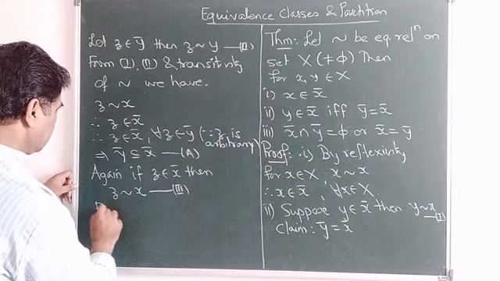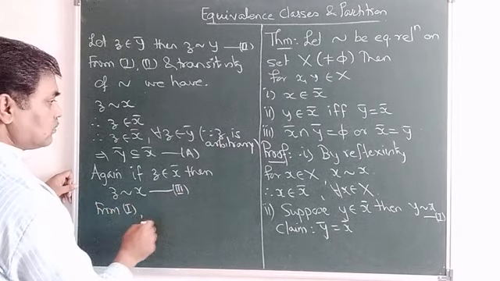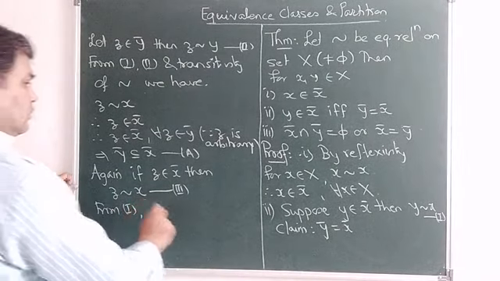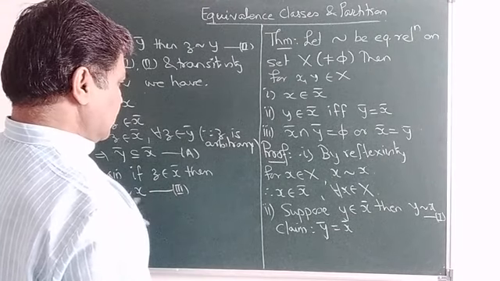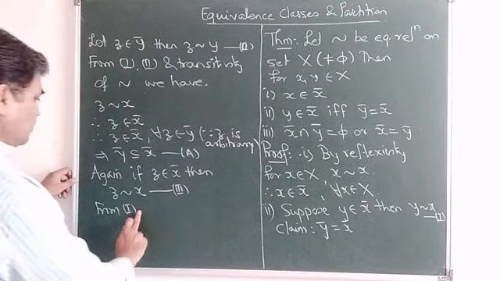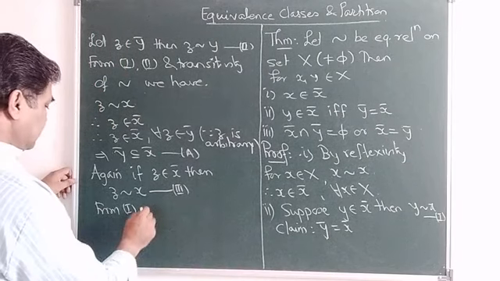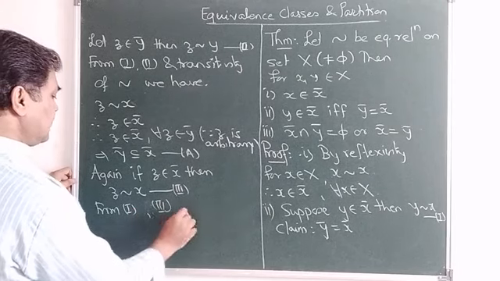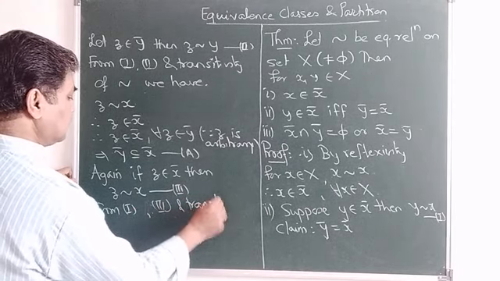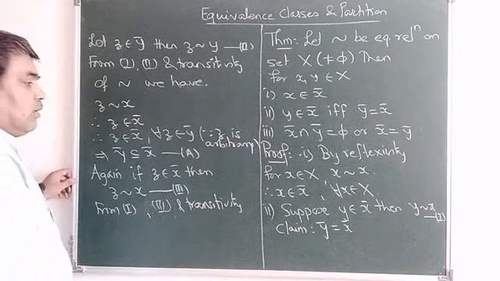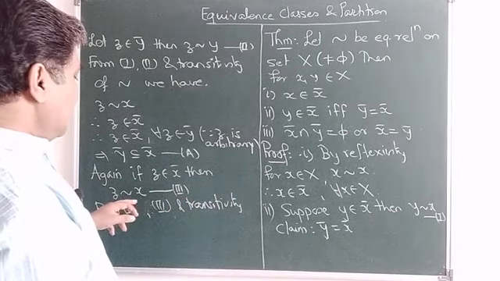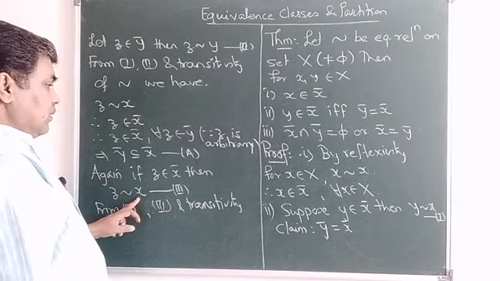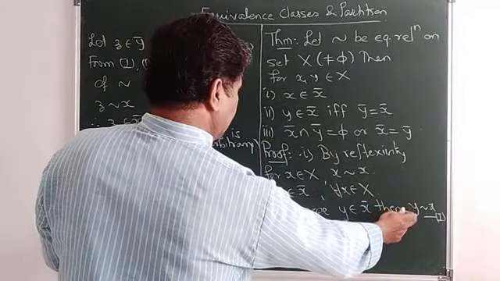From 1 and 3 and transitivity, what will we get? y is related to x, z is related to x.